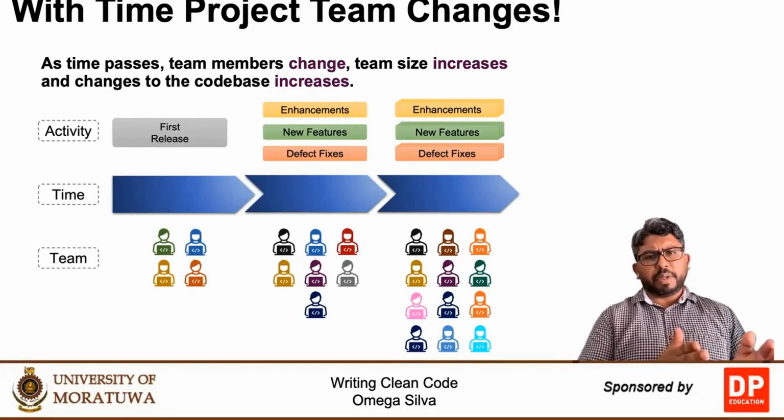You have your experienced team members as well as new team members who have no clue about the existing code base. But the features that you have to implement, the enhancements or the defect fixes, still have to be completed on time. And to do this effectively, your new team members have to understand the existing code base.